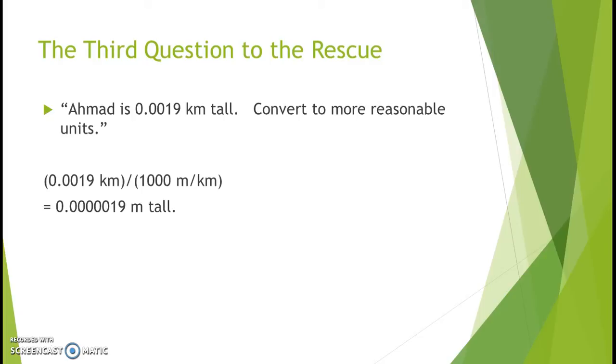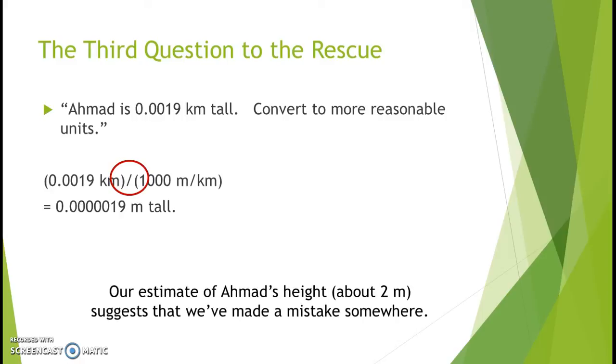We know Ahmad is going to be roughly 2 meters tall, and we can always make those kind of estimates. So when we make this mistake and divide instead of multiplying, we get this ridiculous answer of 0.00000019 meters tall. And this answer clearly is not correct if we're watching carefully. And we can look at this and say, hey, maybe we should have multiplied instead of dividing.